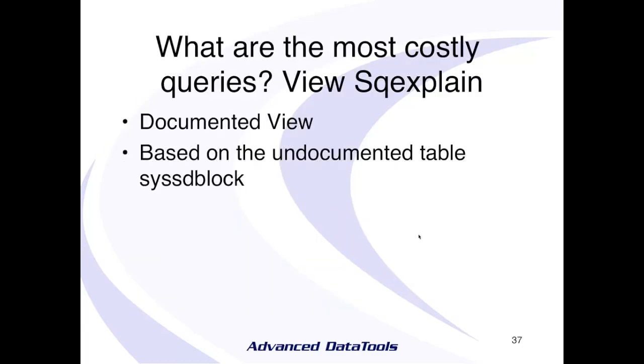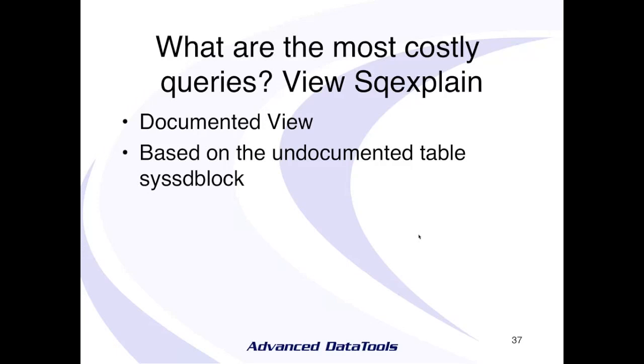Now, sort of the last one I want to touch on here is Sqexplain. This is a view. The view is documented, but it's based on an undocumented table called sysdbblock. And I've used it quite a bit because it gives you right now a snapshot of all the queries that are running and what the cost is of that query.